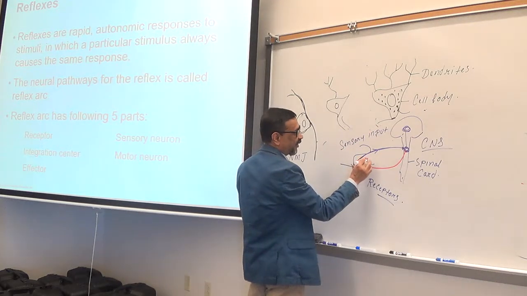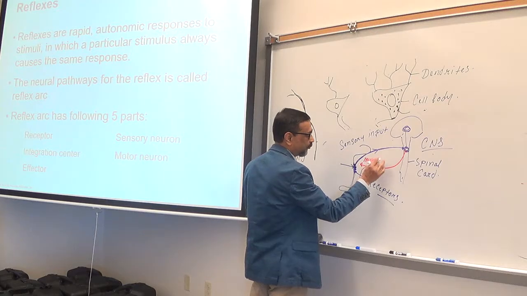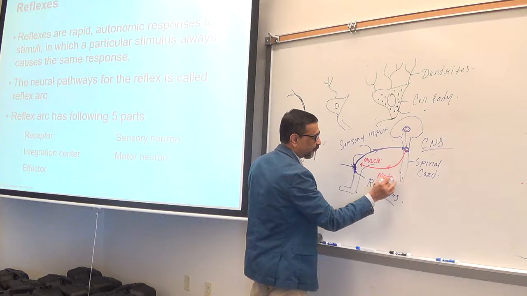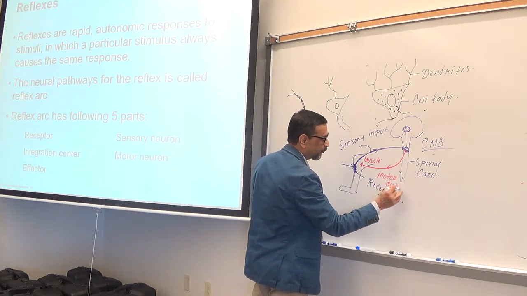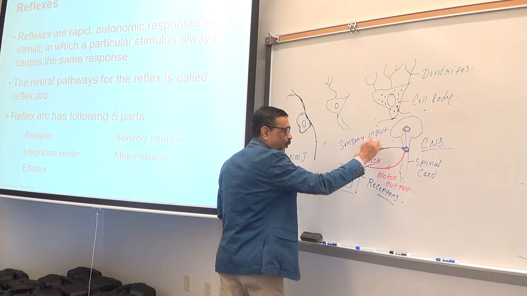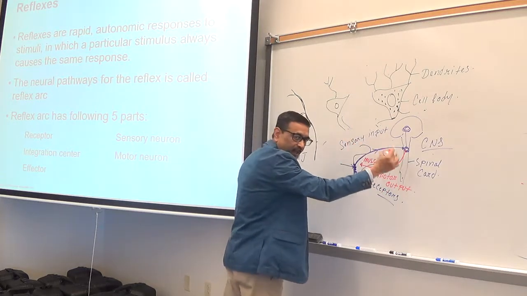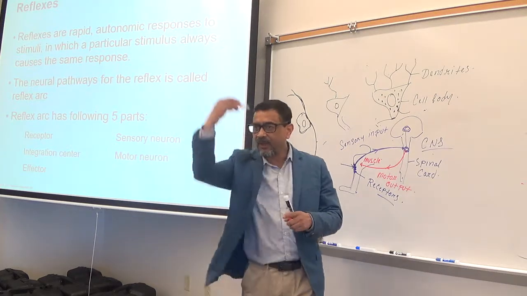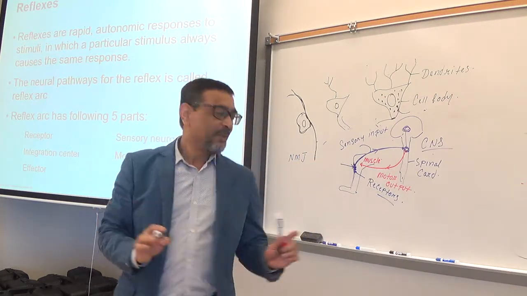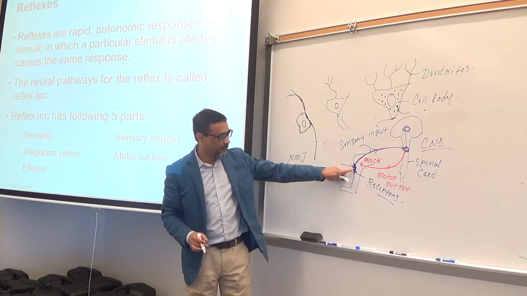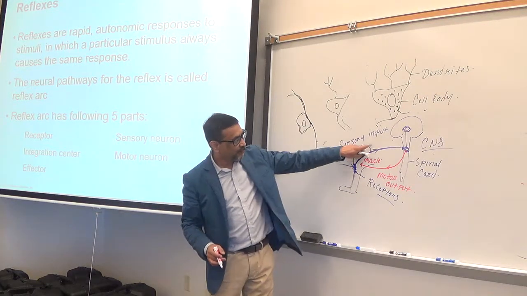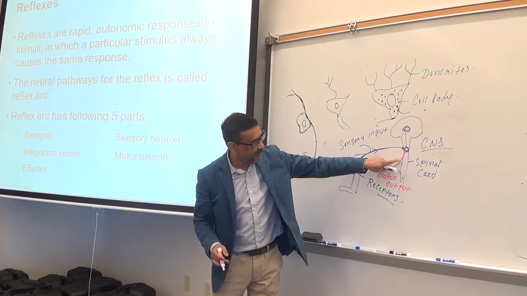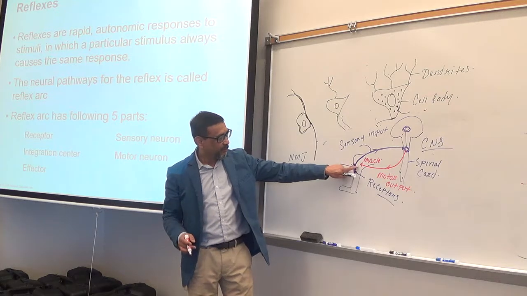So this is the muscle here, and this is the motor output. This whole pathway is called the reflex arc. The whole pathway is called what? Reflex arc. So first the receptors must be activated, then sensory neurons or nerves will take the signal to the integration center, then motor output will go to the muscle.